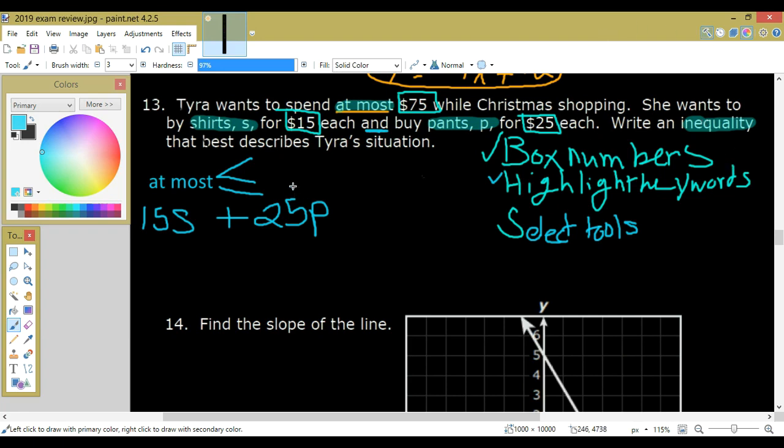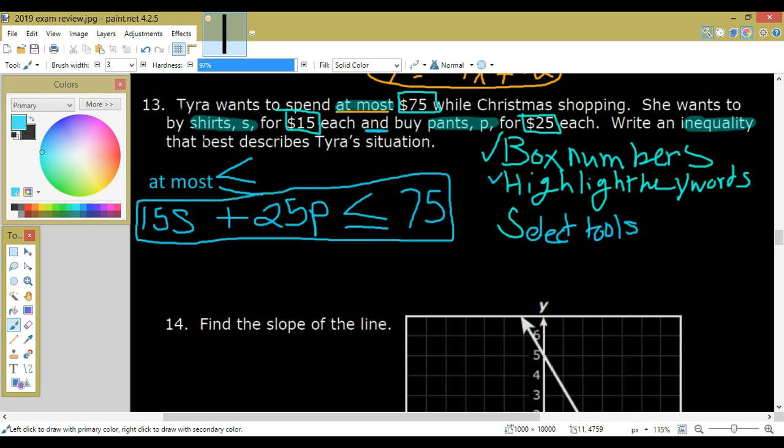So if she buys shirts for $15 and pants for $25 each, she can't spend any more than $75. What goes in between these two would be the less than or equal to sign. And that would be our answer. That is our inequality that describes this situation. 15s plus 25p is less than or equal to 75.